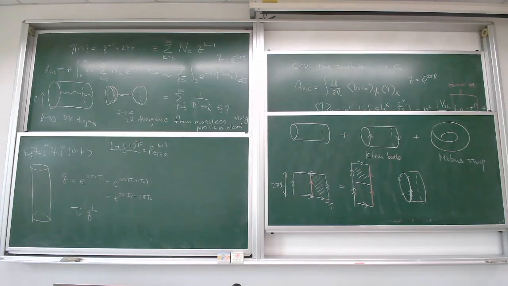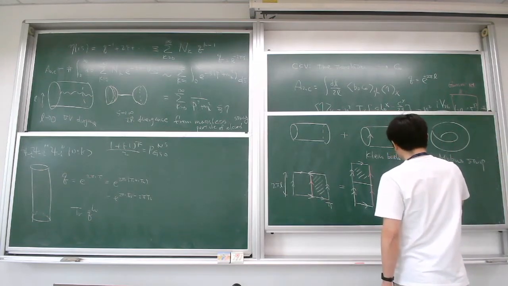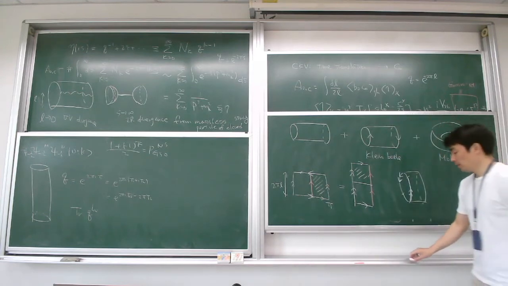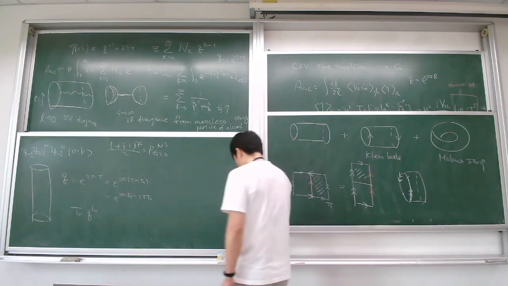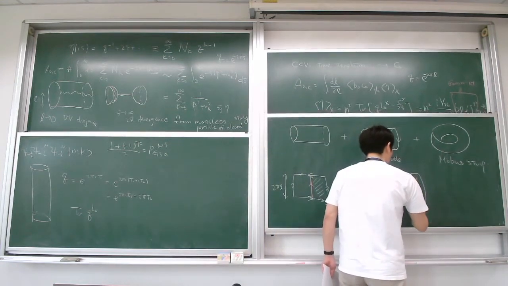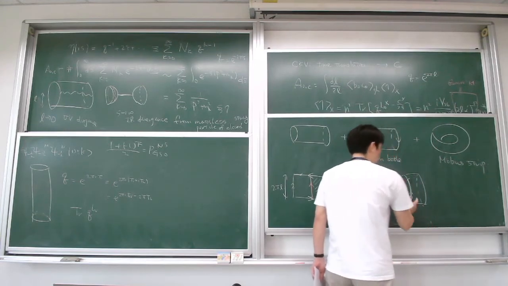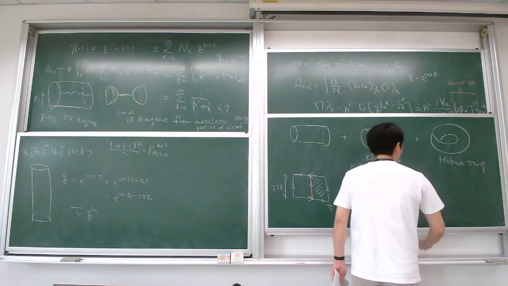Namely, this yellow color should be identified with the white color, and the same thing happens on the opposite side.